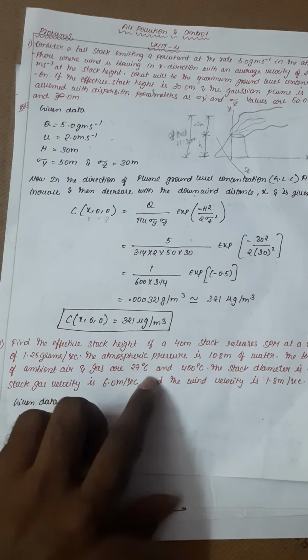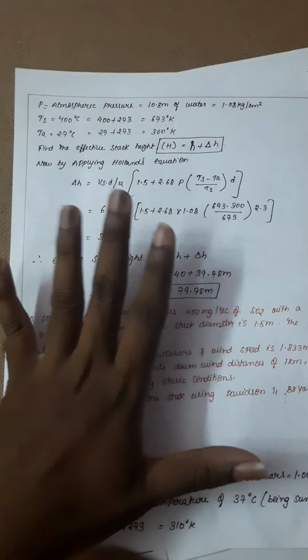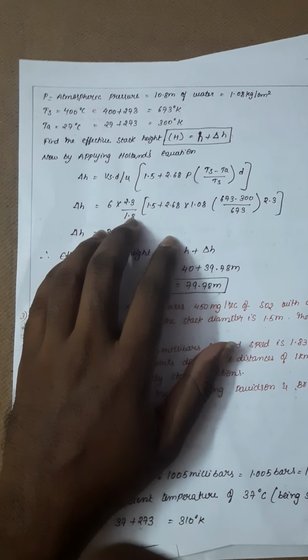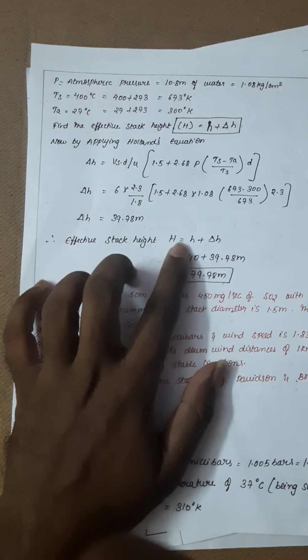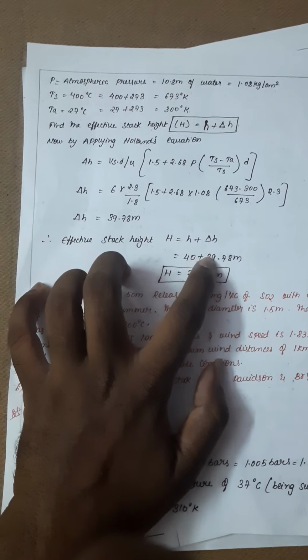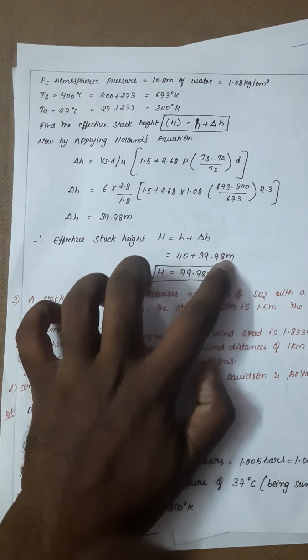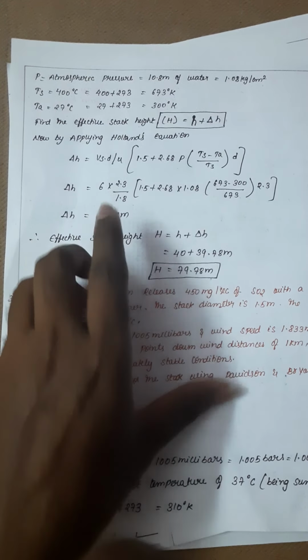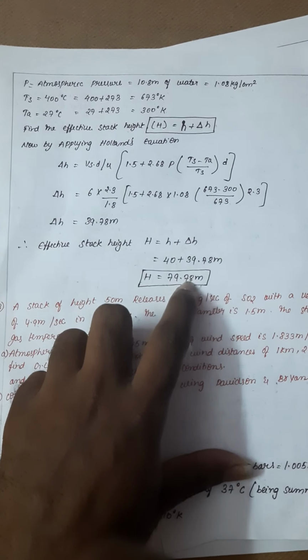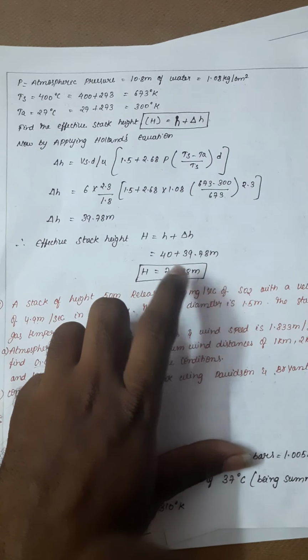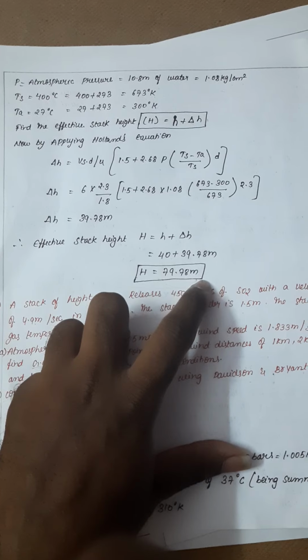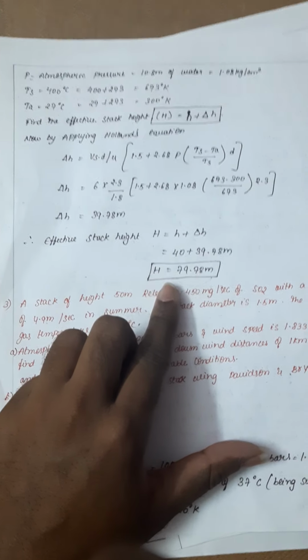So the physical height h is 40 as given, but they didn't give the effective stack height. I kept h equal to 40 here, and delta h is 39.78 meters that I have got. So finally H is equal to 79.78 meters. This is the effective stack height.